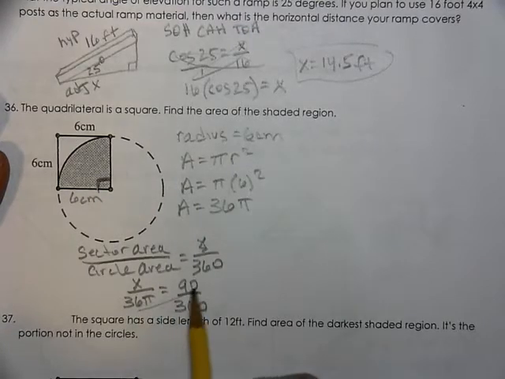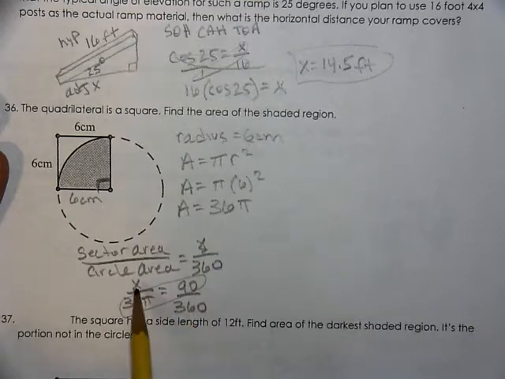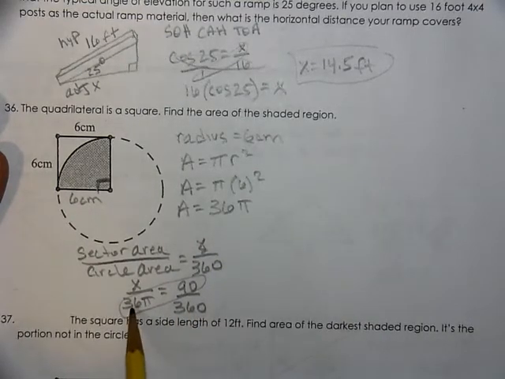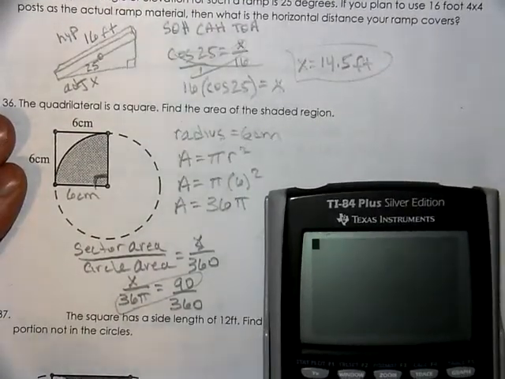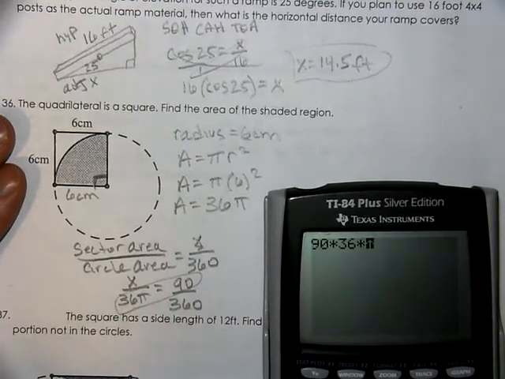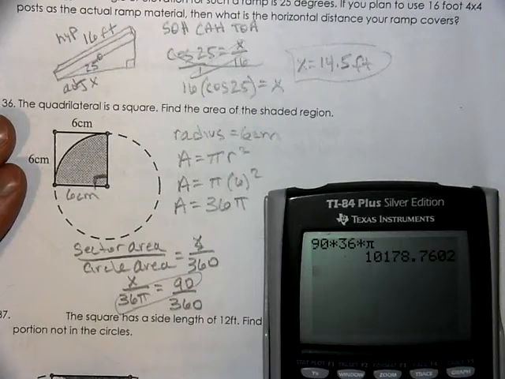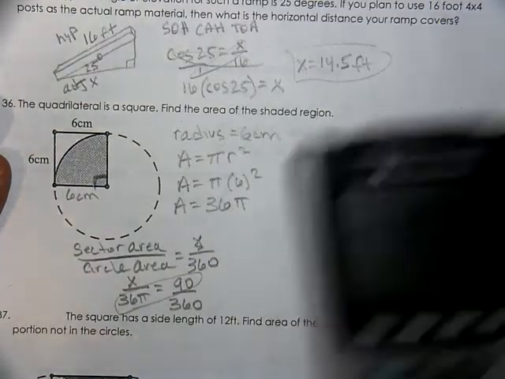I'll cross multiply, but I won't bring the 360 up towards the x. I'll just bring the 36 pi. So we're going to take 90 times 36 times pi and divide that by 360, and we're going to get 28.27.